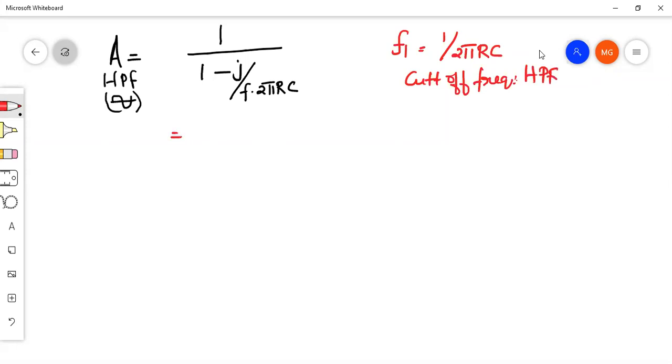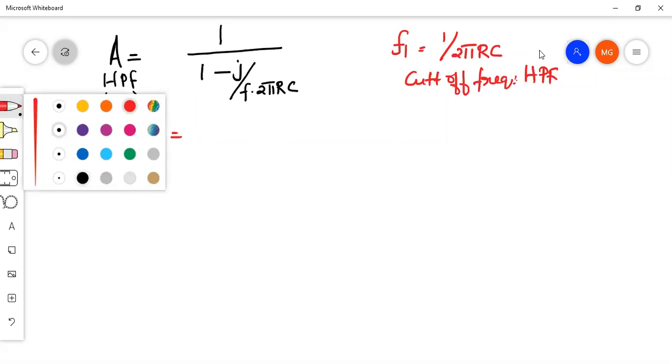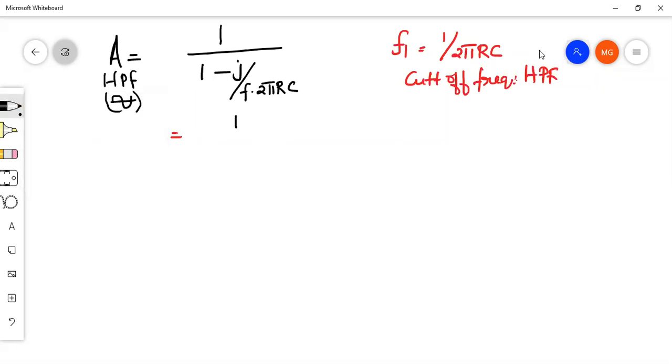Then moving to the substitution part, this becomes 1 divided by 1 minus j, and 1 divided by 2 pi RC I am substituting with f1. So the equation becomes f1 divided by f. This is the gain.